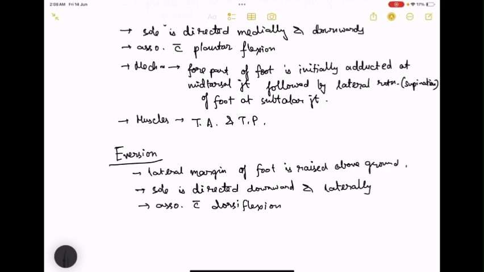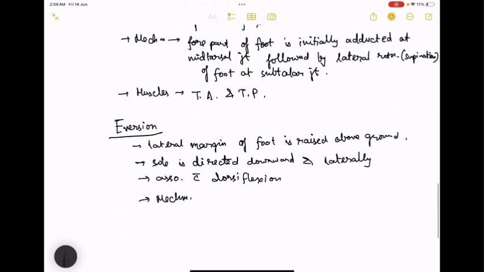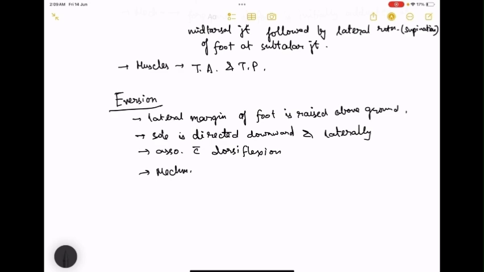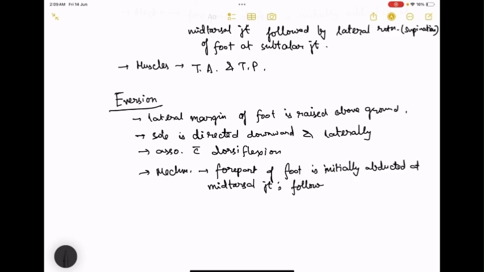So what's the mechanism? Remember these two parts, the forepart of foot and the supination or pronation of foot. So simple. Forepart of foot is initially abducted at mid-tarsal joint, followed by lateral rotation or pronation of foot at subtalar joint.